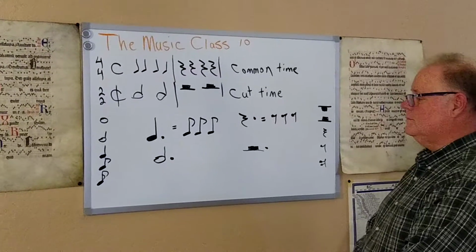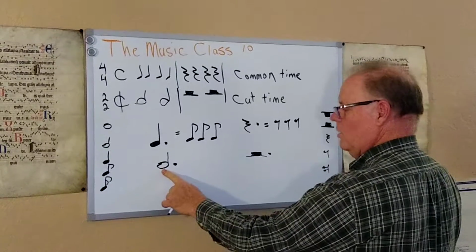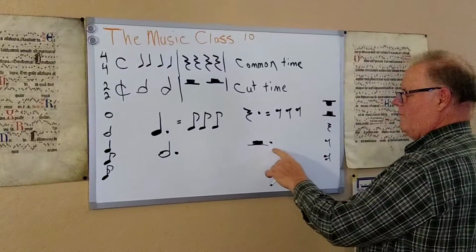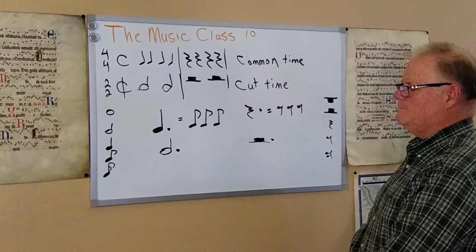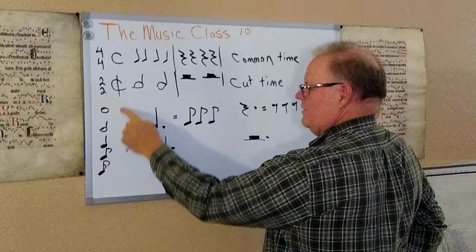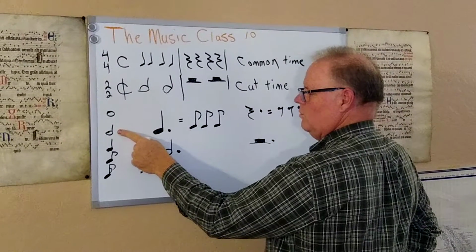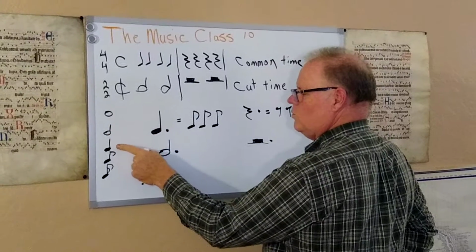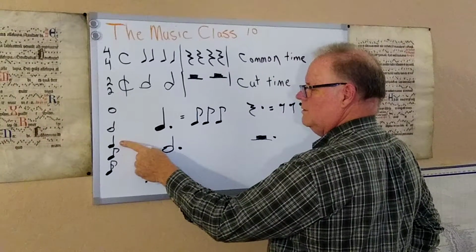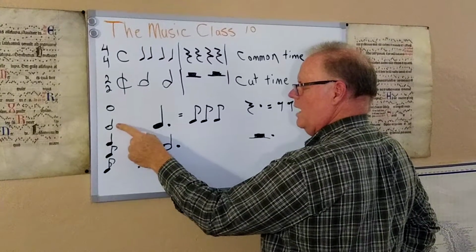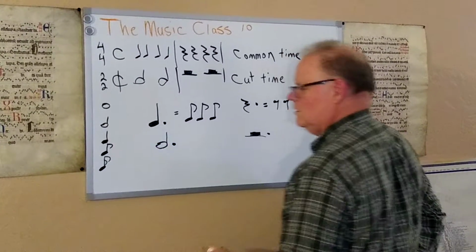So what do you think? How many counts or how many notes is a dotted half note worth, or a dotted half rest? Well, let's think about it. I left kind of a cheat sheet. A half note equals the same as 2 quarter notes, so half the value of a half note is a quarter note.